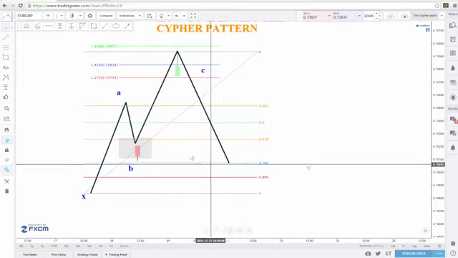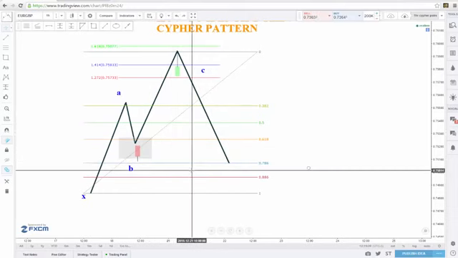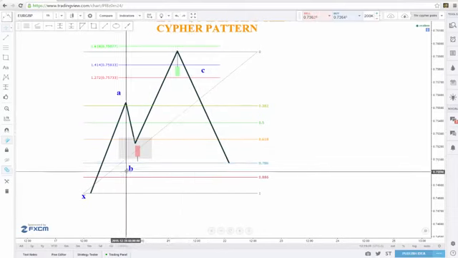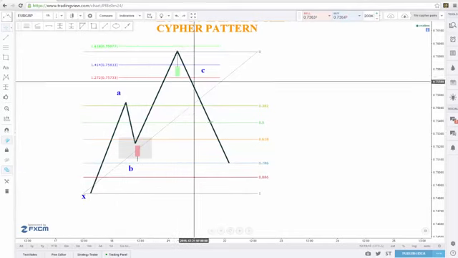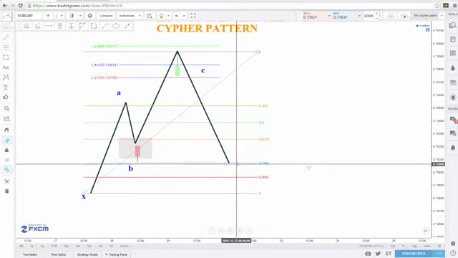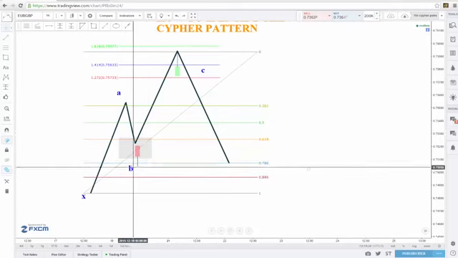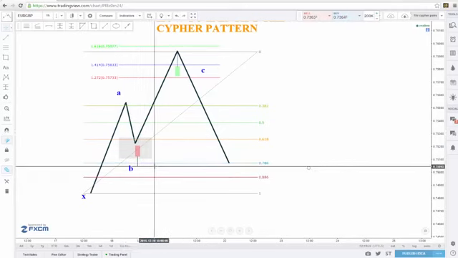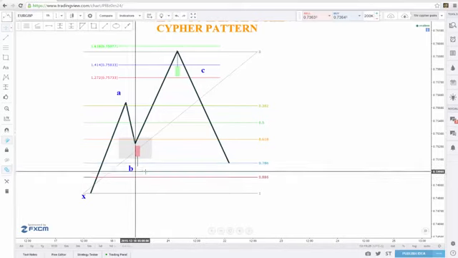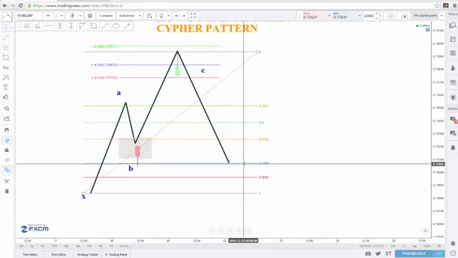Now there is one more rule to the cipher pattern that I don't hear mentioned as much as it should be, and that is that the B leg, once you pull from X all the way up to C to get your D, your finishing point of this cipher pattern, cannot touch the 786. So if this candle was our B point of the cipher pattern, then that would invalidate the cipher pattern because B comes below the 786 retracement.